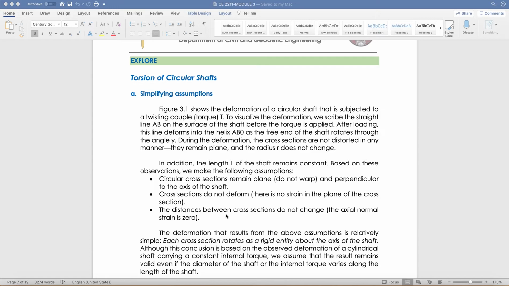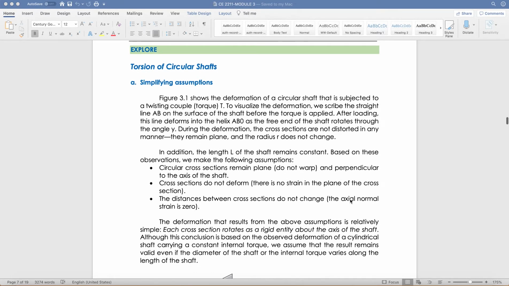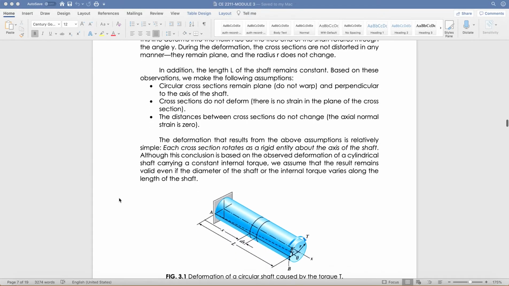So the distances between cross-sections do not change. The actual normal strain is 0. But of course, if the strain is no longer 0, there will be changes in the distance. But when we are talking of torque, there will be no changes in distances between cross-sections.